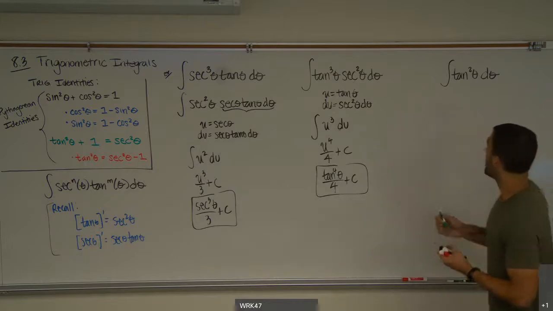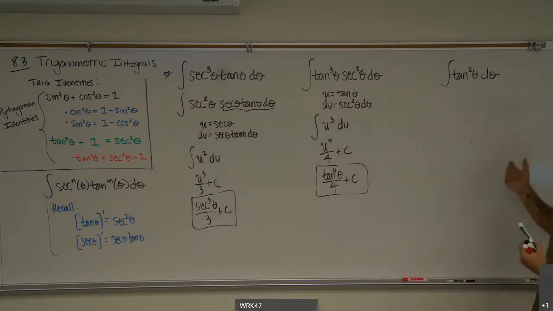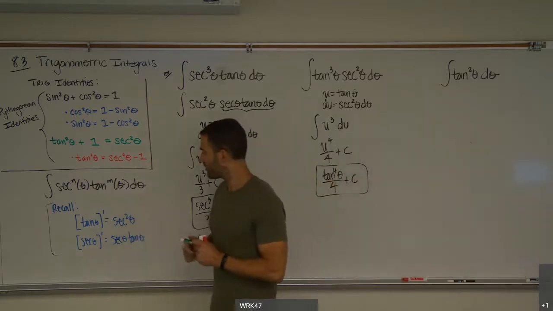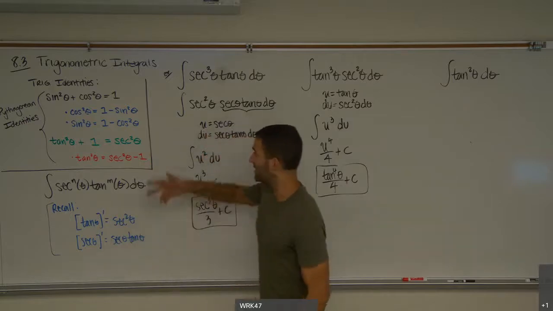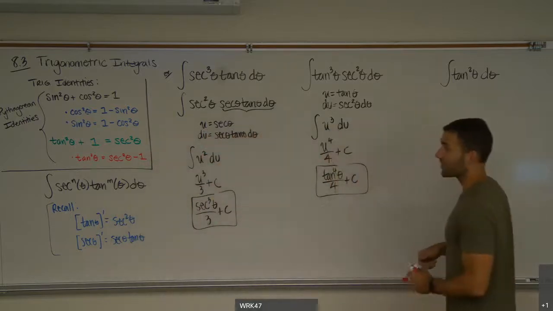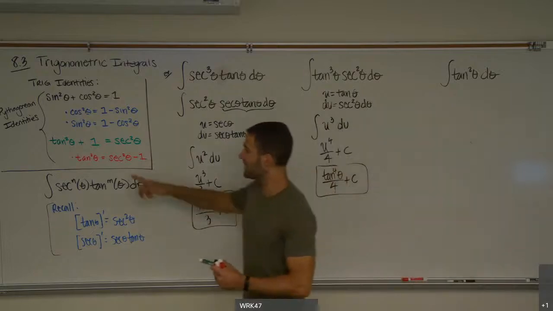And so in this case, right, tangent squared, well, I don't have any secants at all, and so there's not really a u sub thing here. I don't know directly the antiderivative of tangent squared. If it was a secant squared, then we'd be in good shape, and the antiderivative of secant squared is tangent. And then I remember this Pythagorean identity. I remember the fact that tangent squared can be written in terms of secant squared.